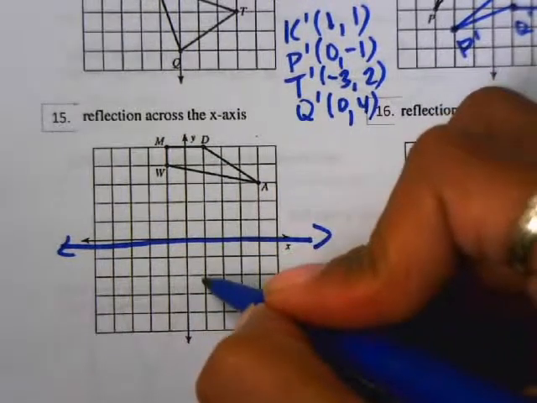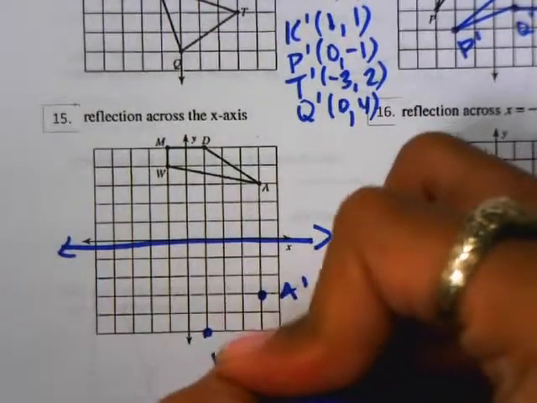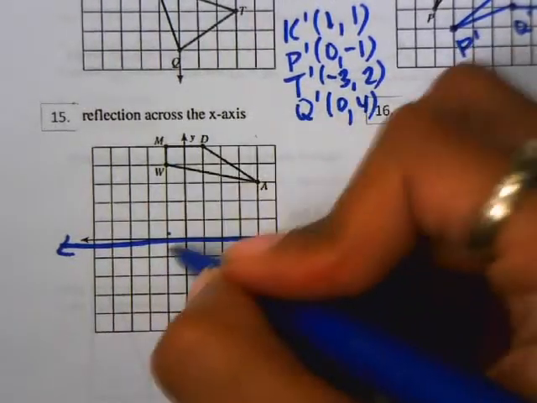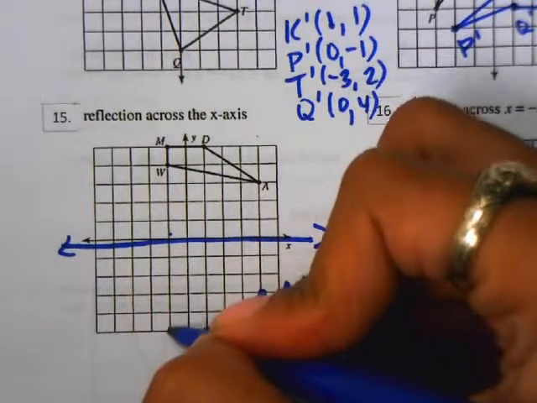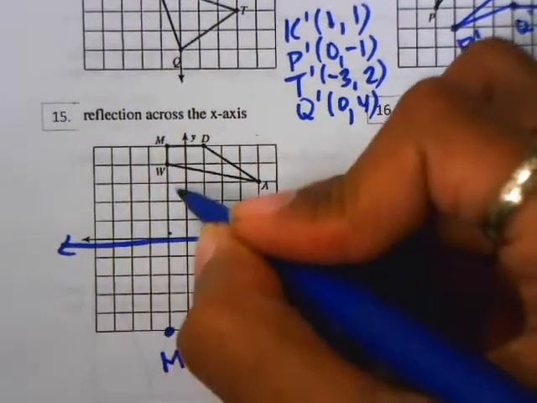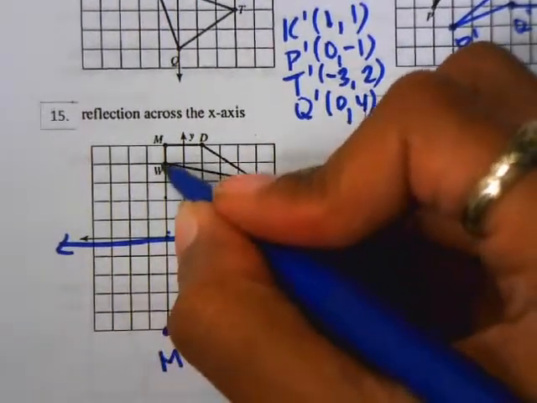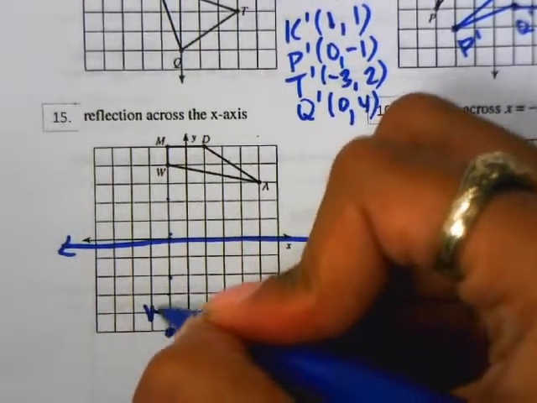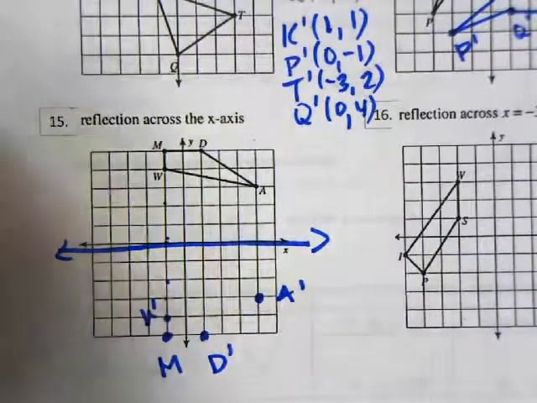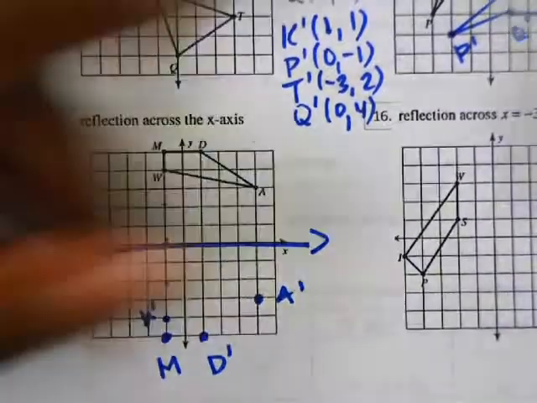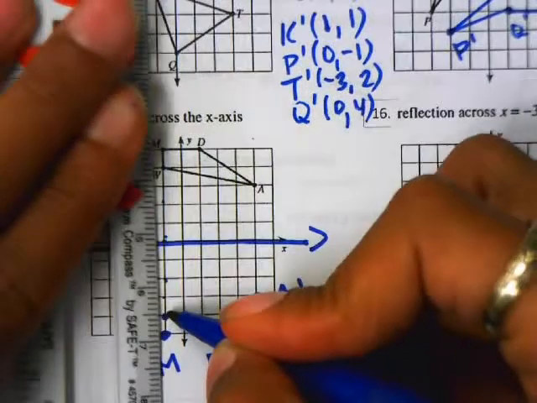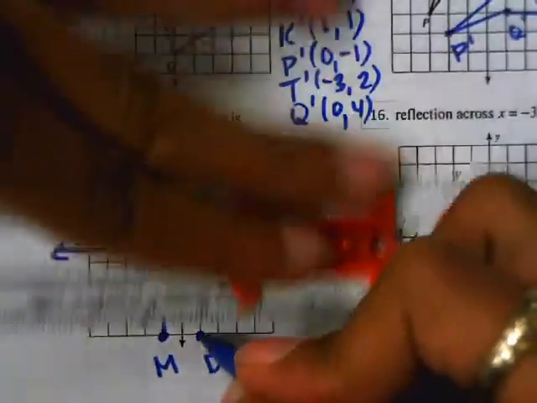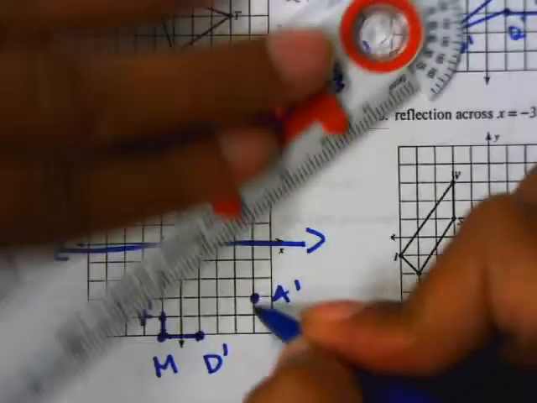And W is going to go 4 above, so 4 below. And there you go, a horizontal line of reflection.